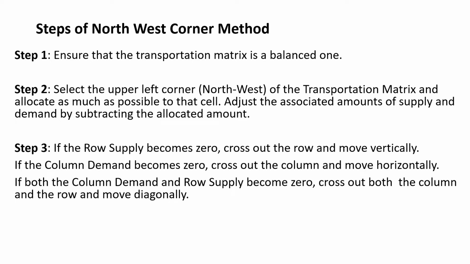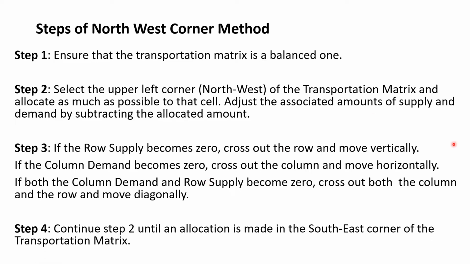By any chance, if both the column demand and row supply become 0, then cross out both the column and the row. We can move neither horizontally nor vertically, so in that case we have to move diagonally. Finally, continue step 2 until all the allocations are met in the southeast corner of the transportation matrix.